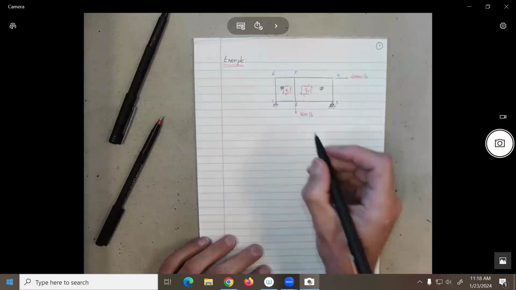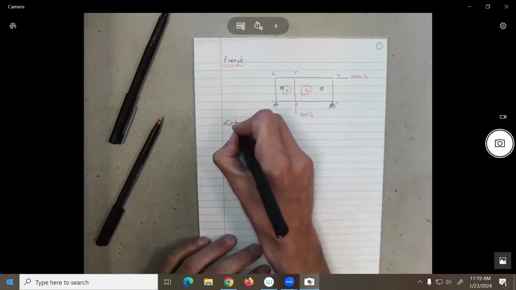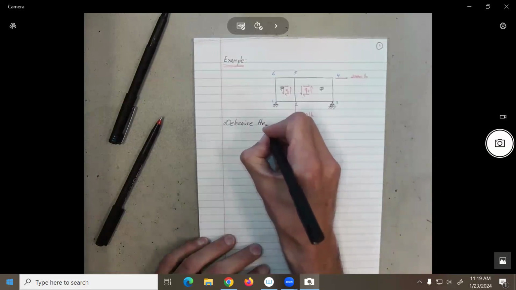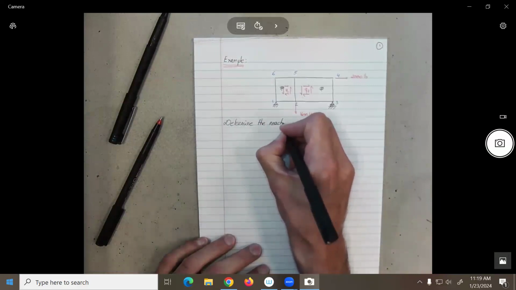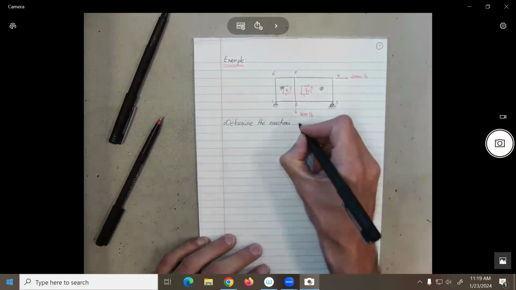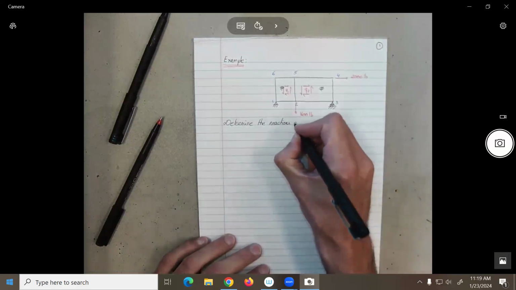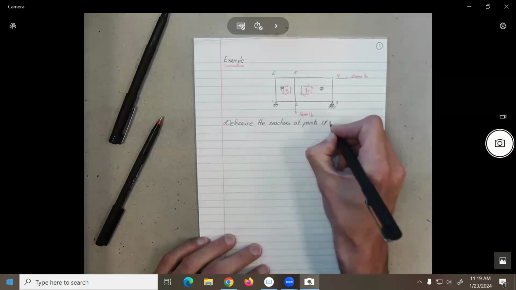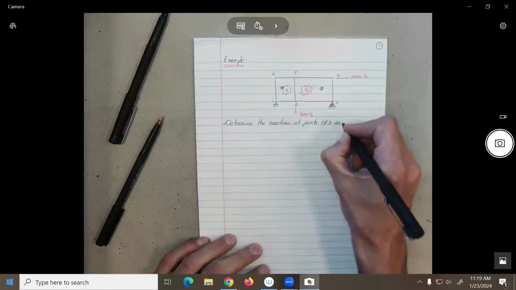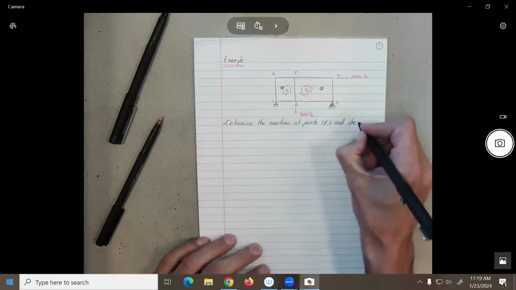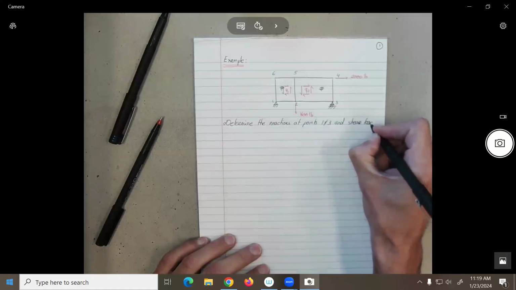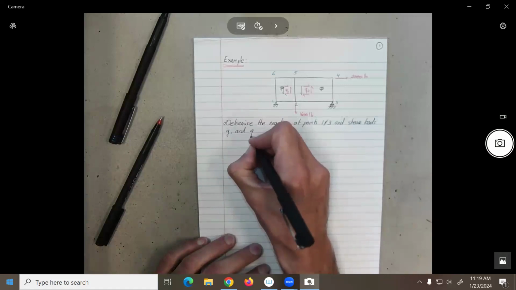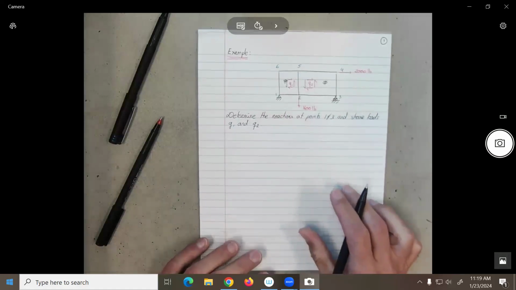Basically, let's say they ask you to determine the reactions at points 1 and 3, and shear loads Q1 and Q2.